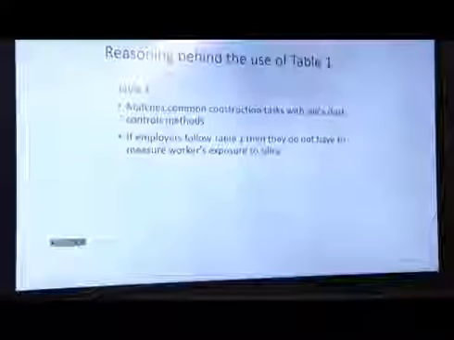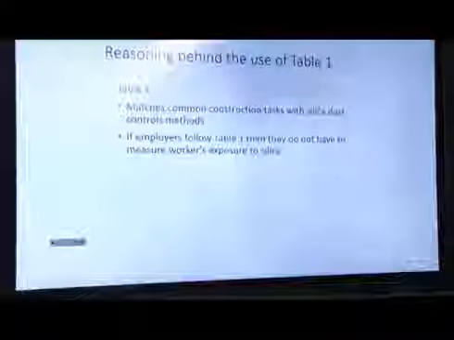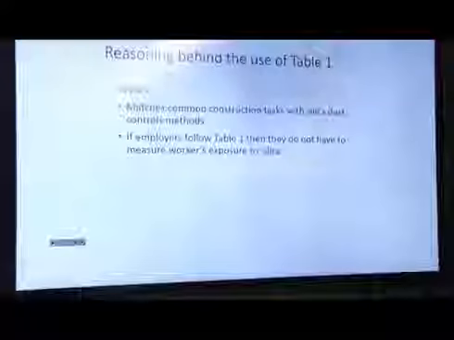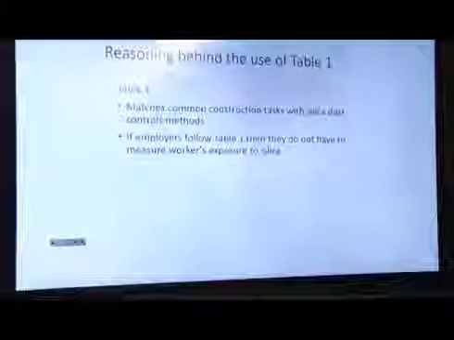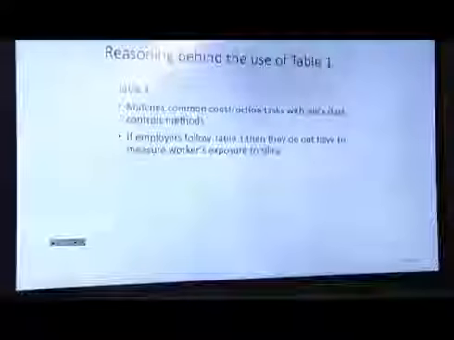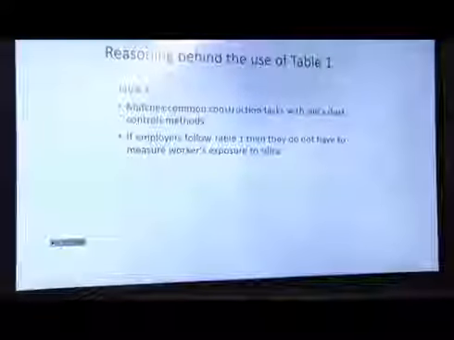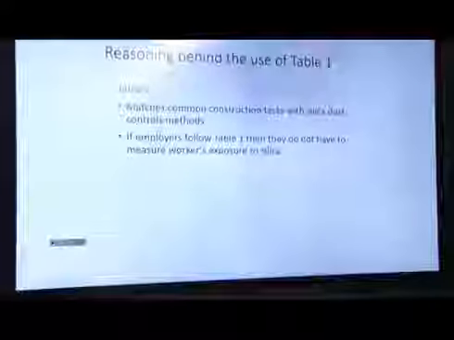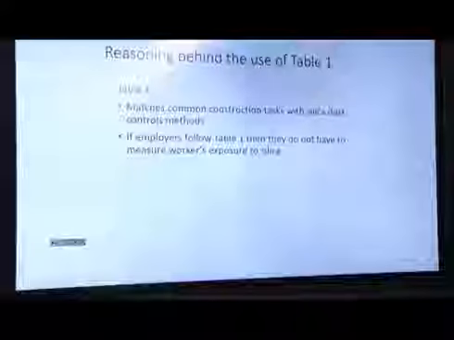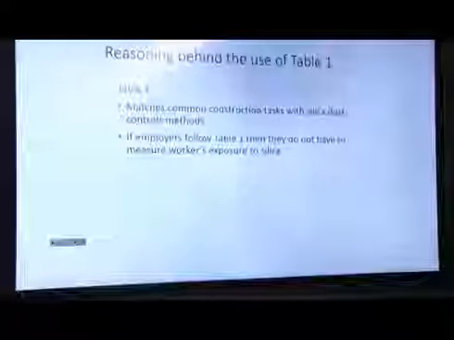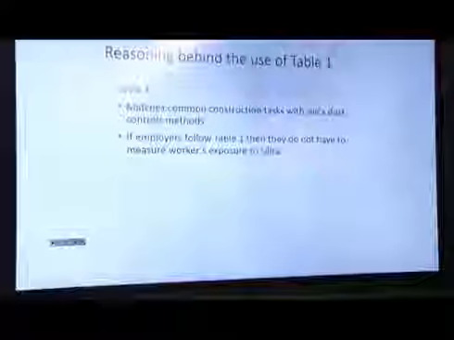Table 1 is the first attachment to the new silica standard, and it basically matches control measures, be it engineering or PPE, along with the common activity or common trade tasks that are happening, i.e. using a hammer drill or jackhammering or concrete cutting, so on and so forth. So each one of these common tasks is going to be associated with a control measure in Table 1.